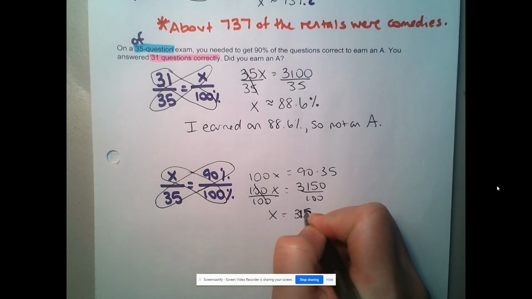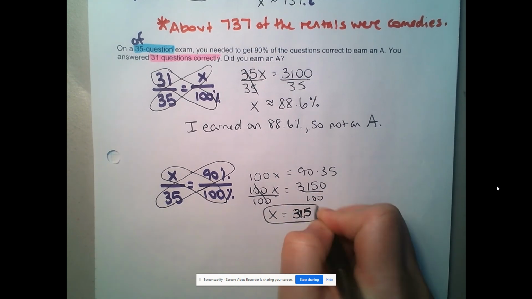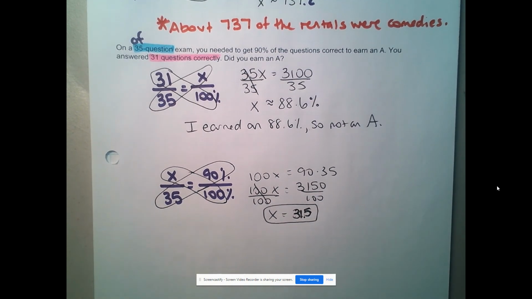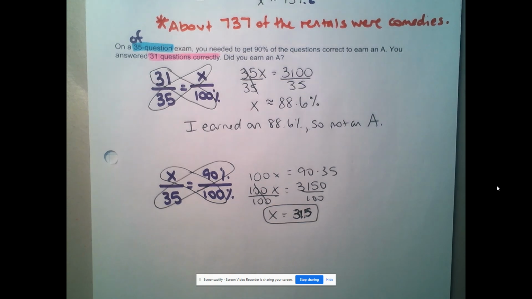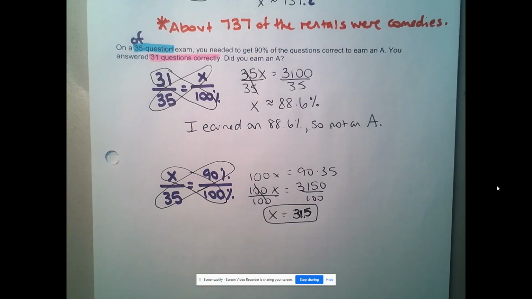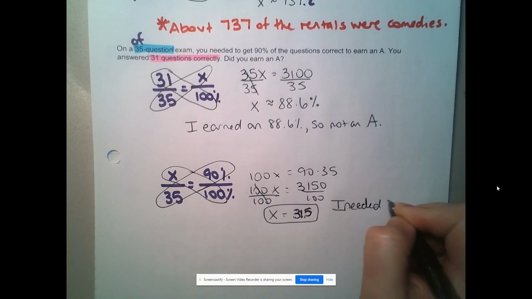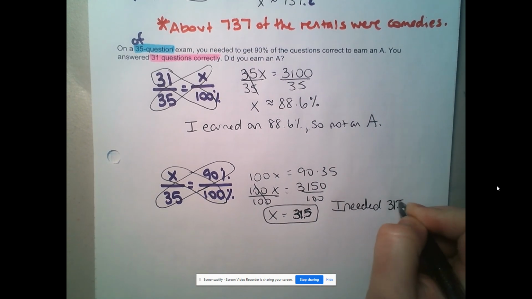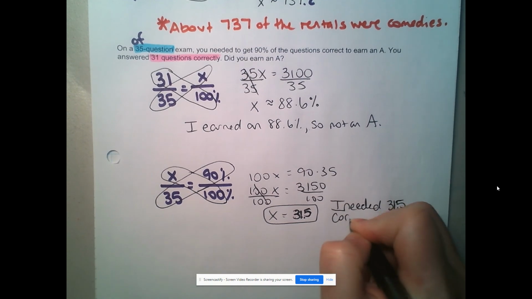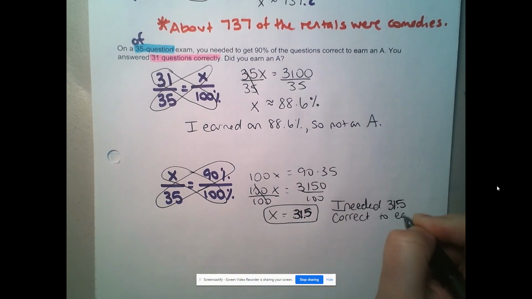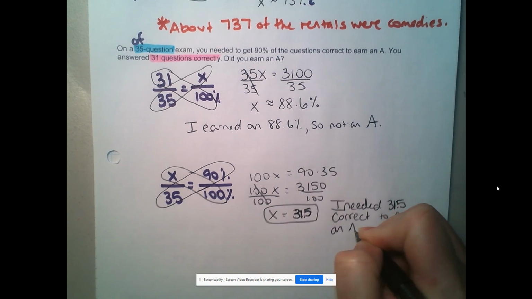You could have done this question slightly differently and said, I need to get 31.5 questions right to get an A. So I needed 31.5 correct to earn an A.